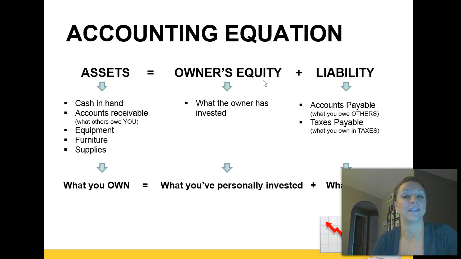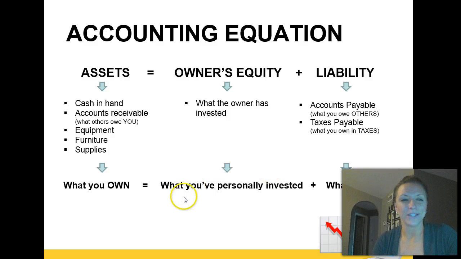And we're going to go over lots of examples on how to do this properly. So again, we want our assets to equal what we've invested into our assets and what we still owe on those assets. Assets could be cash in hand, accounts receivable, equipment, furniture, things that we own. Owner's equity is what the owner has invested, and liability then is what we still owe.